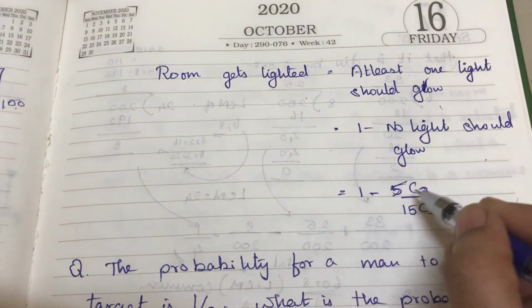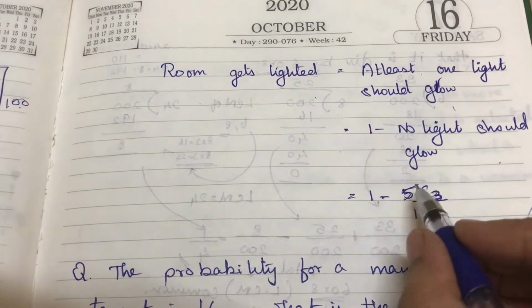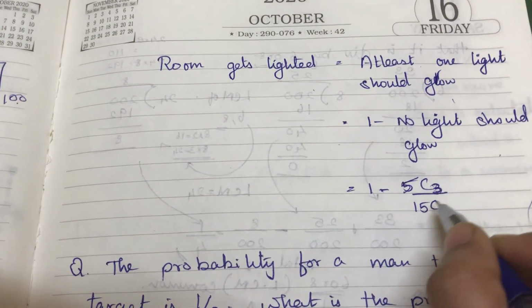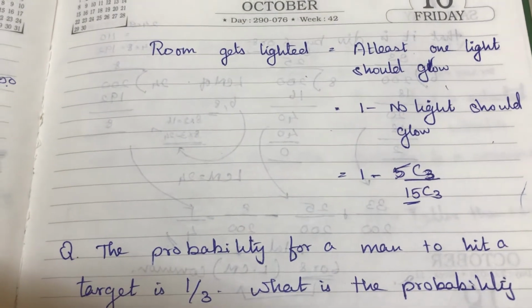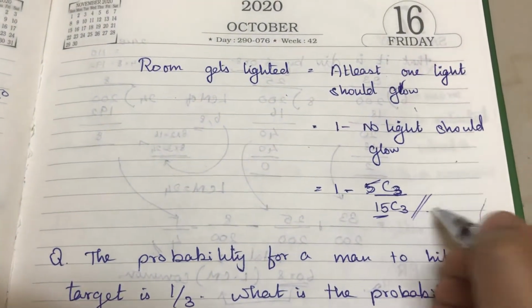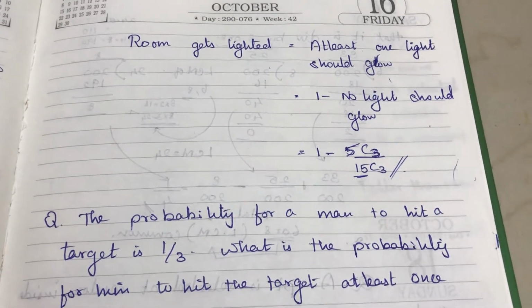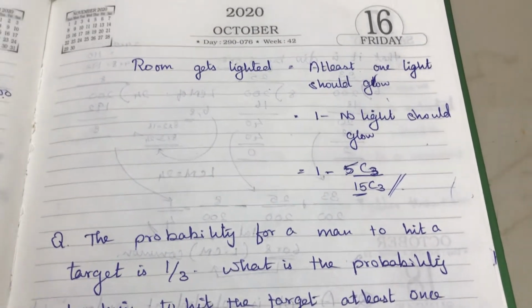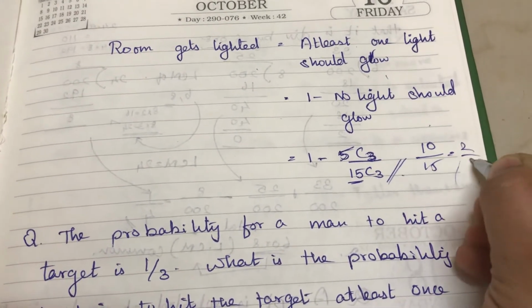So 5C3 over 15C3, where 15 is the total bulbs. So by doing this you will get the answer. So the answer will be 1 minus 5C3 over 15C3.